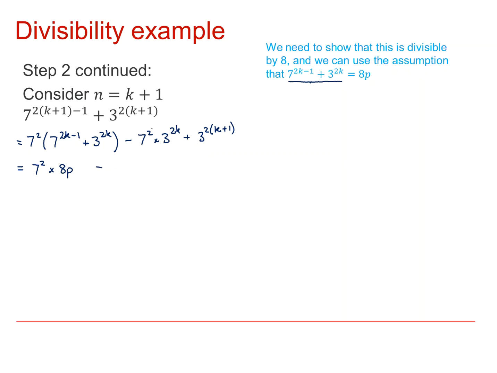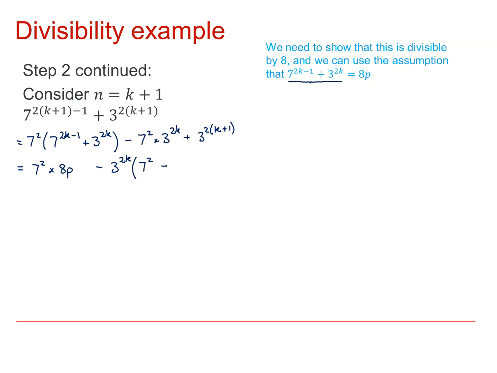Over here I've got rather a mess, but I can see that I've got a lot of multiples of 3 in both terms. So I'm going to take out a factor of 3 to the 2k, just because it seems to be the only sensible thing to do. My first term is then 7 squared, and then I need to subtract because I've got a minus at the beginning there.